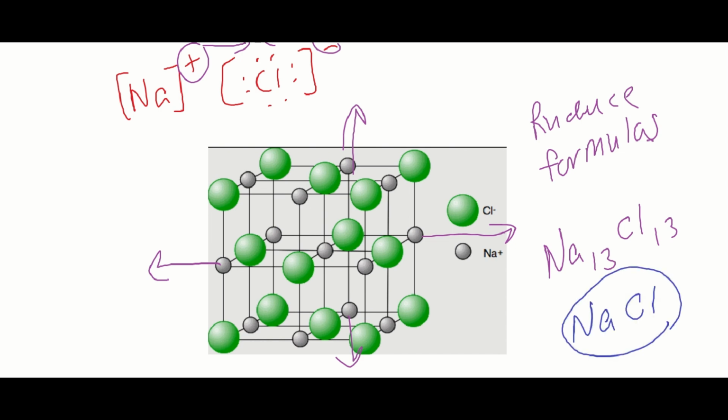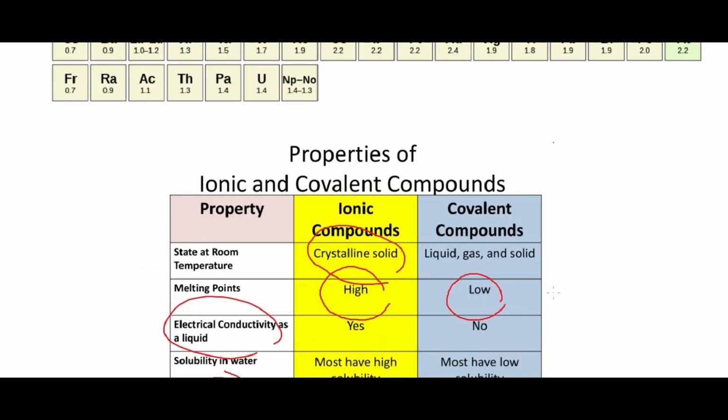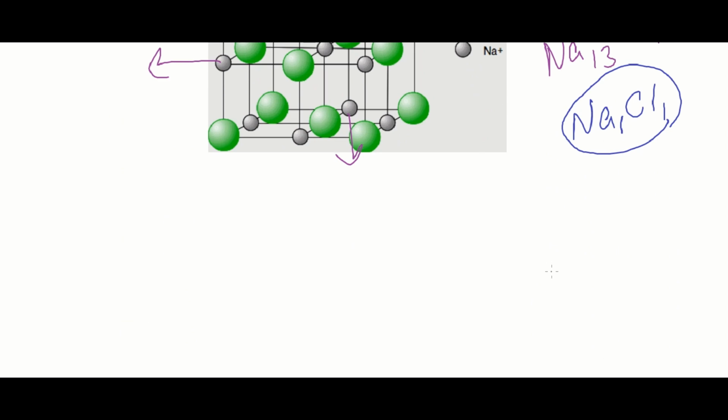In this case, sodium chloride is Na1Cl1, when we don't write these ones. That's why we have the rule of reducing when we're talking about ionic compounds. Now let's talk about molecular compounds, which are generally made up of nonmetals and nonmetals in what we call covalent bonds, where they share electrons. So a simple case here is like hydrogen.